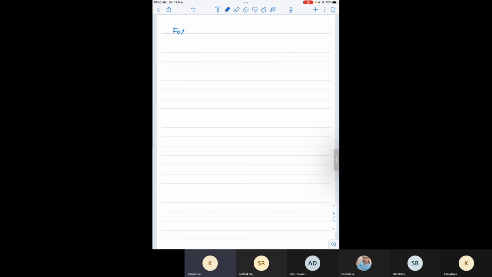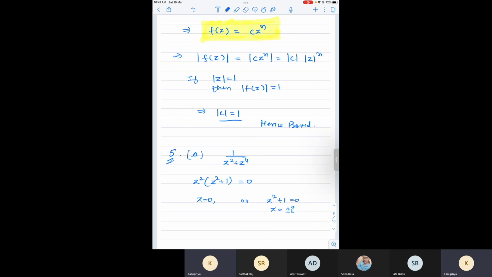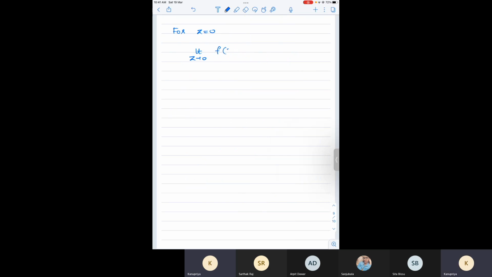For z equal to 0, let me call this function f(z). What is the limit of this? Is it infinity?